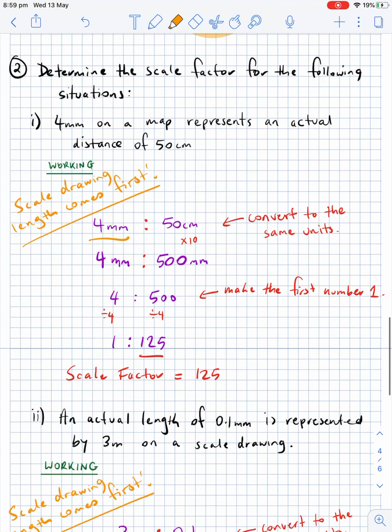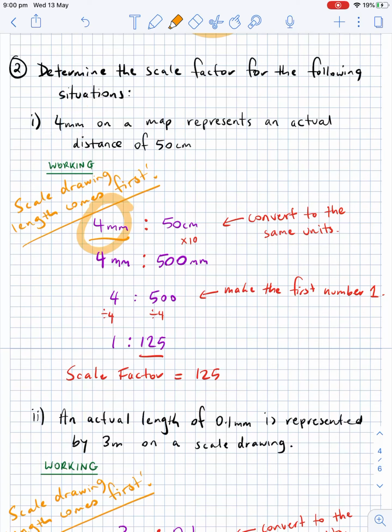Okay, so question 2. Determine the scale factor for the following situations. Part 1, 4 millimetres on a map represents an actual distance of 50 centimetres. So 4 millimetres on the map, 50 centimetres in real life. That's the way you need to think.